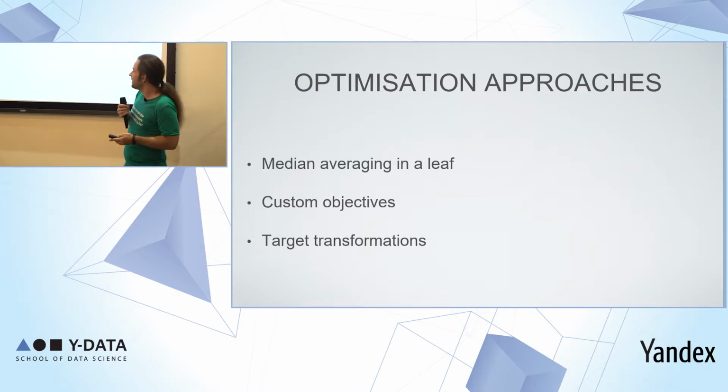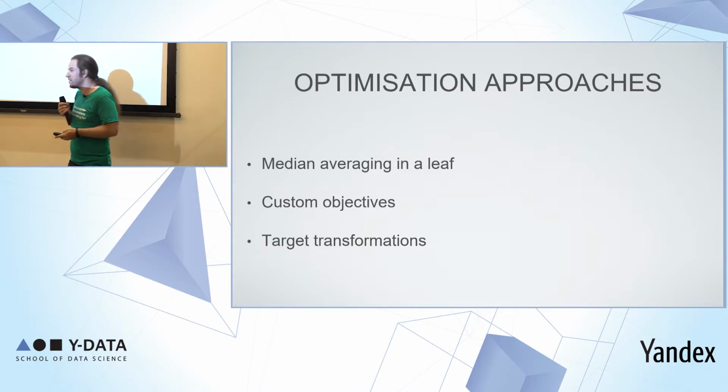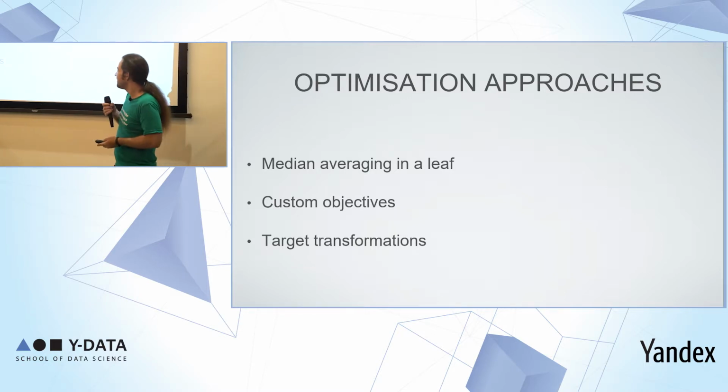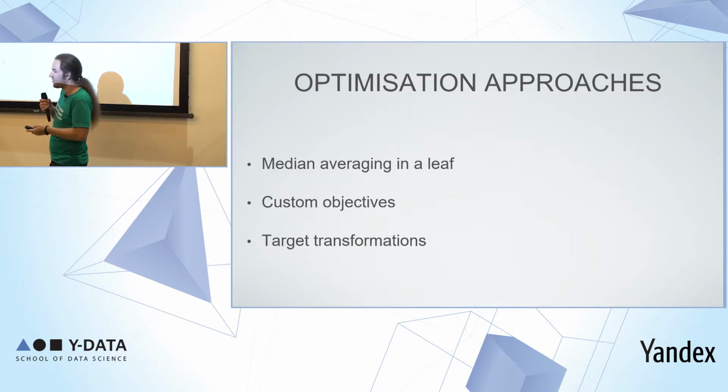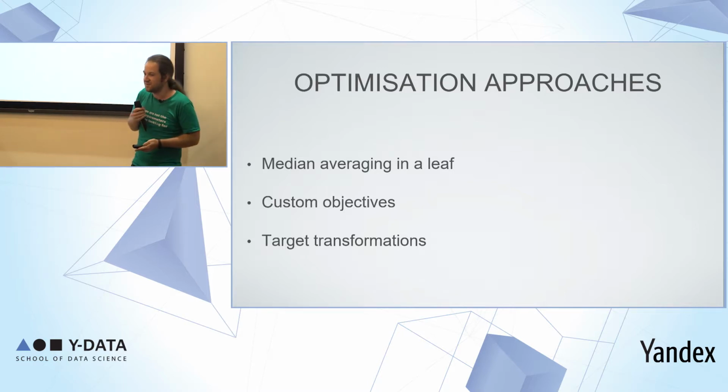The second is custom objectives, because mean absolute error has no continuous loss, so there are some objectives that try to be continuous and similar enough to the mean absolute error loss.